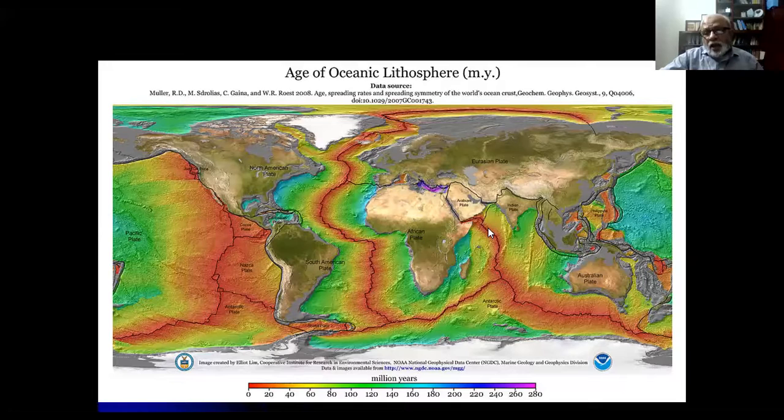Here you have one ridge, two ridges, and three ridges. The place where the three ridges meet is your triple junction. From the triple junction, India has moved away, Australia has moved away, and Antarctica also somehow moved away. So these are the plate tectonic processes, which we don't need to know in much detail.